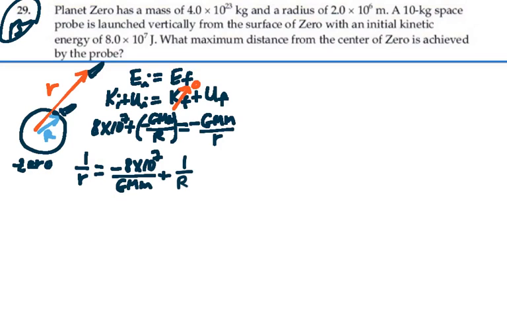Sounds good. Take 1 over both sides of this, so our final radius is going to equal 1 over all of this stuff, which is going to be 1 over the radius of the planet minus 8 times 10 to the 7 divided by GMm.